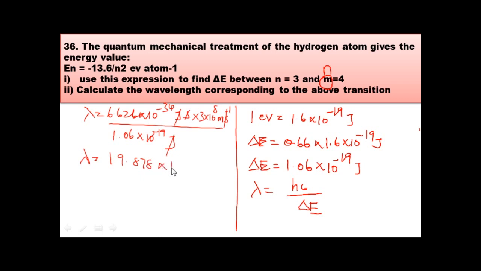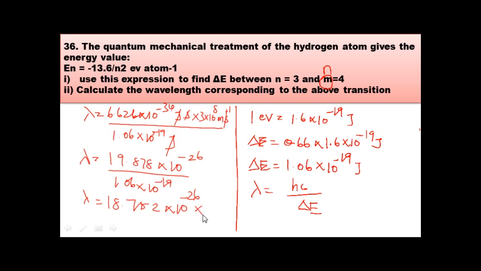19.878 into 10 power minus 26 divided by 1.06 into 10 power minus 19. So the lambda equal to 18.752 into 10 power minus 26 into 10 power minus 19.